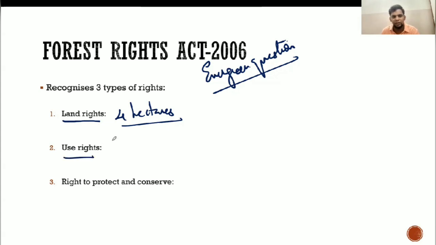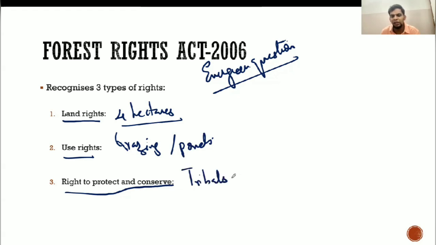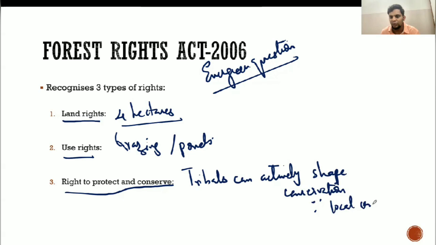When I say use rights, this is more about grazing, using the ponds, and even the right to protect and conserve. Tribals can actively shape conservation because they're part of the local community.